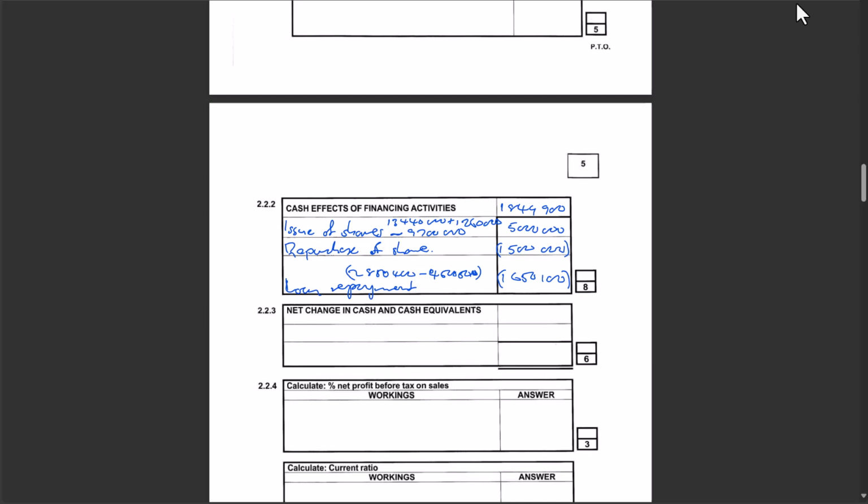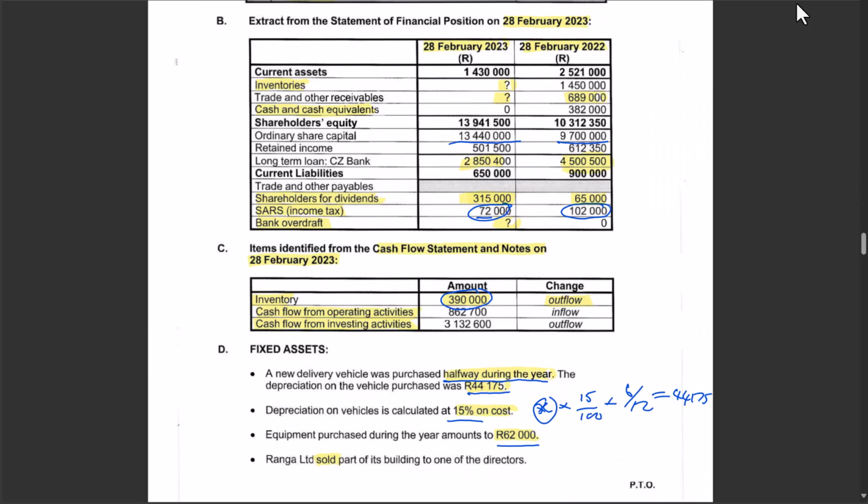Then you go to net change in cash and cash equivalents. If you don't know the format of this, it becomes a little bit difficult. At the net change in cash and cash equivalents, you have to add these three figures. When I say add, literally you're supposed to add, but if it's a negative, you subtract.